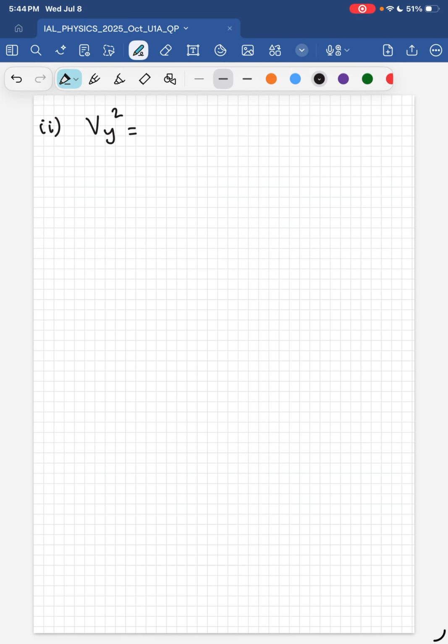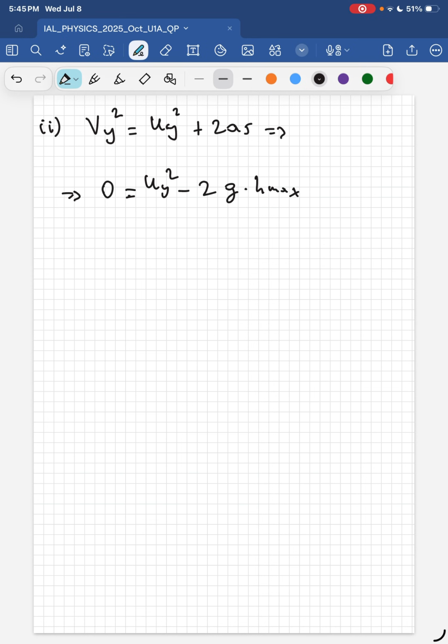So vy squared is going to be equal to uy squared plus 2a times the distance covered. So in our case, the final velocity in the y direction at the maximum point is 0, and this should equal uy squared minus 2g times h max. I hope this makes sense.